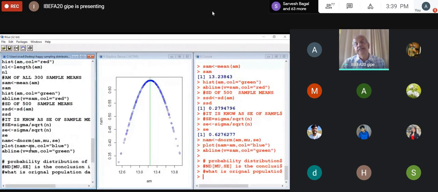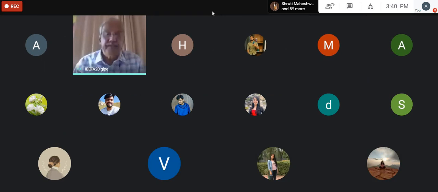See, this is what I demonstrated. This is for the yellow. Shall I continue? This is what I have demonstrated.